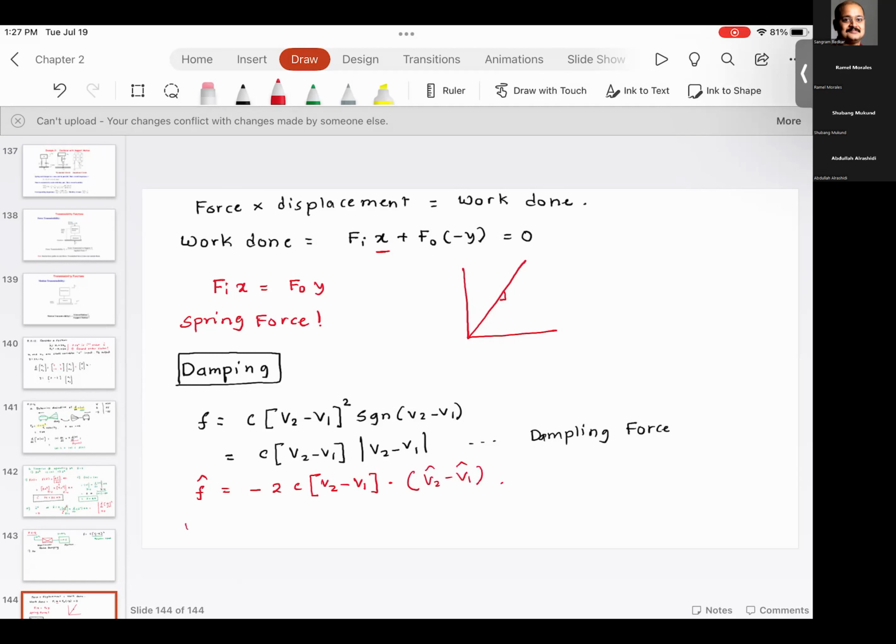And when V2 minus V1 is equal to 0, then clearly the damping force is going to be 0. So 0 damping.